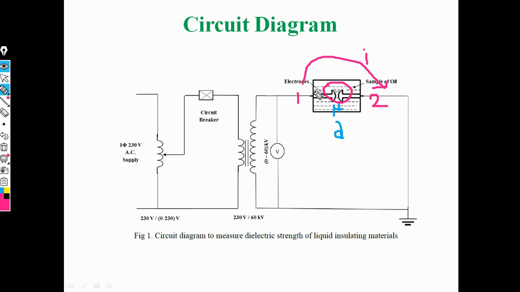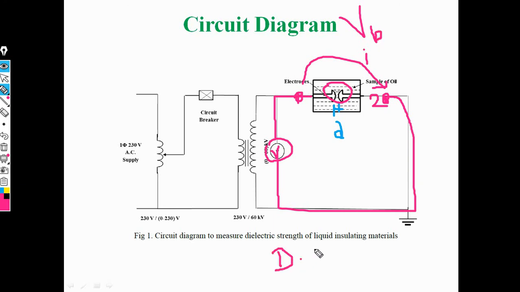Then we measure the voltage with the help of this voltmeter, which is connected across this point. This voltmeter indicates the breakdown voltage, that is, VB.